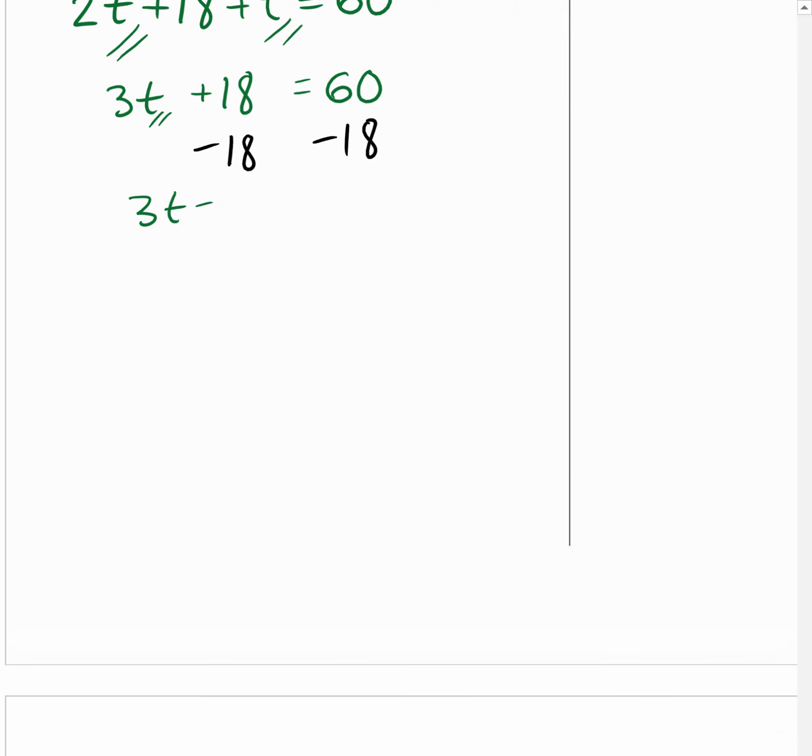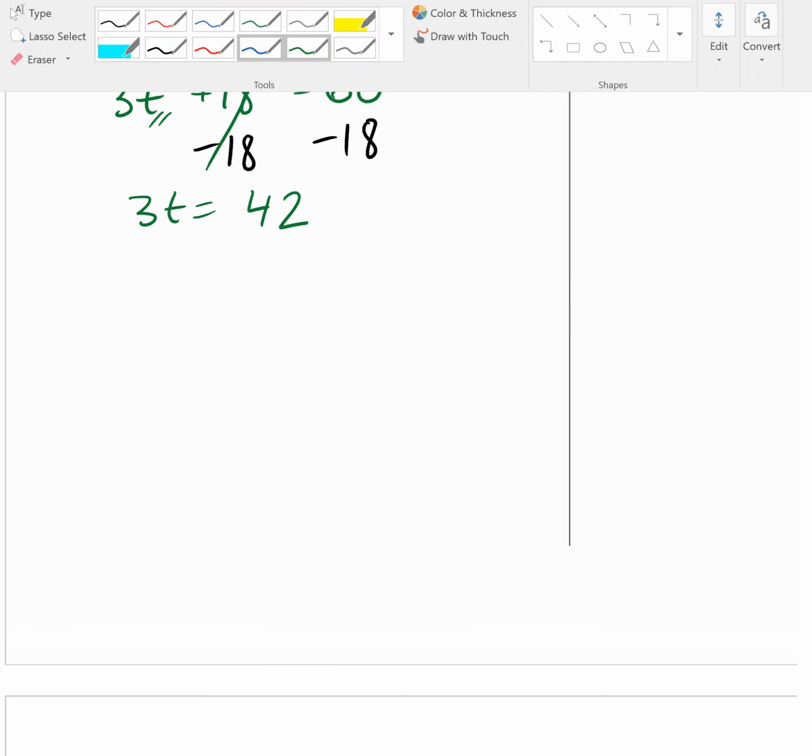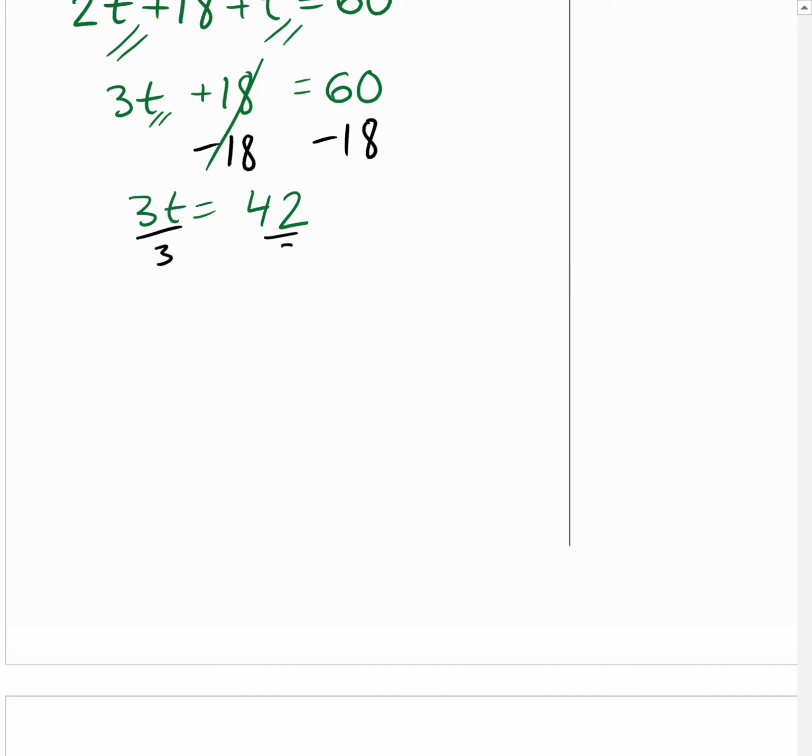That way 3T is by itself, equal to 42. Then the last step would be to divide both sides by 3. 3 goes into 42 14 times. So they must have tied 14 games.